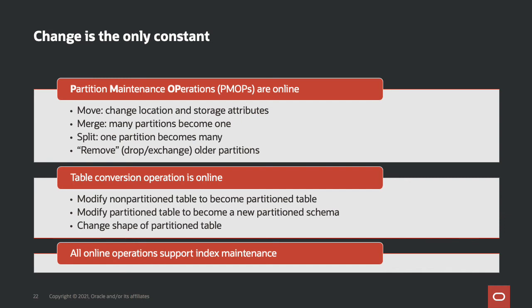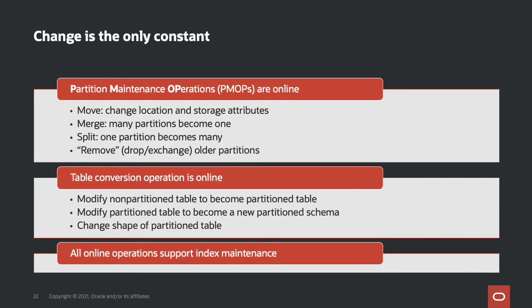Merge partition enables you that many partitions can become one. For example, if you enter the next fiscal year, you could decide to merge monthly partitions into quarterly buckets, or to split partition. One partition can become many.